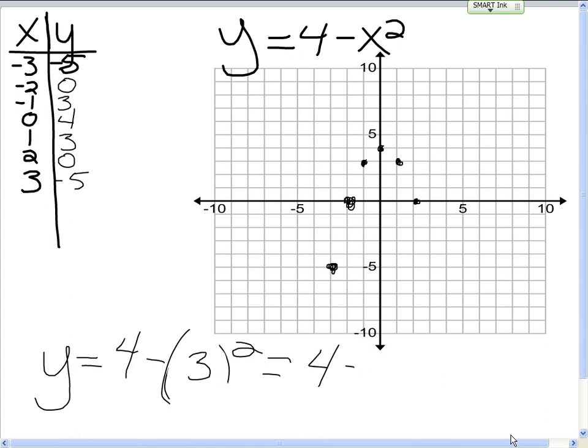And 3, negative 5. Okay, so you plot those points and then you're going to connect them. And that would be your graph.